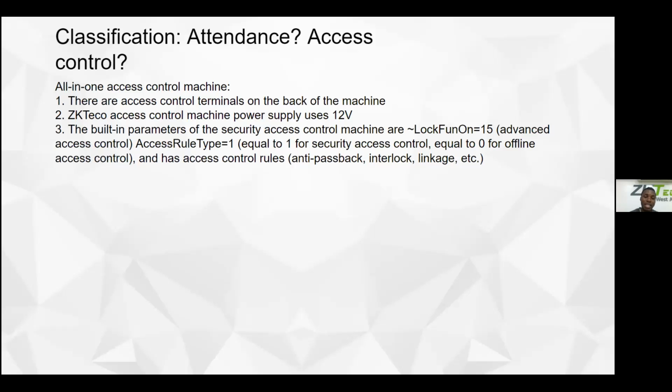All our access control machines have a power supply of 12 volts. The inbuilt parameters of these security access control machines are lock phone on, which is 15, and advanced access control. The access rule type equals 1 for security access control, and equals 0 for offline access control. And the access control rules are anti-passback, interlock, and leakage.